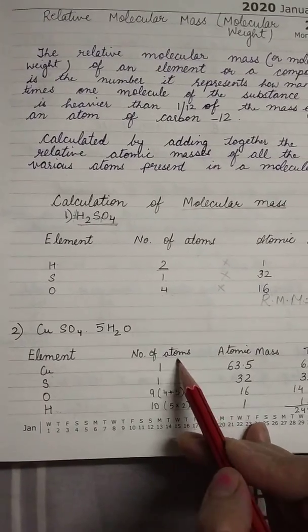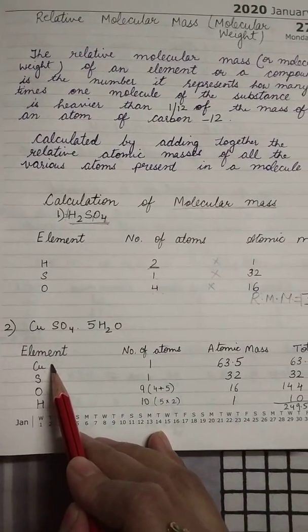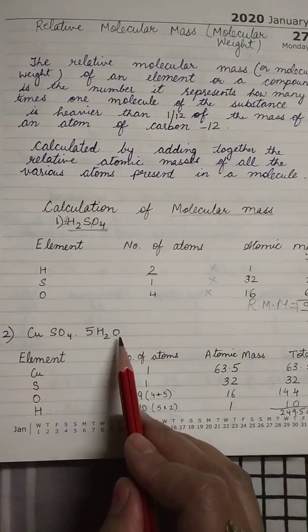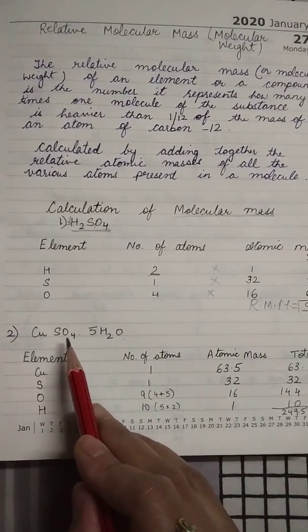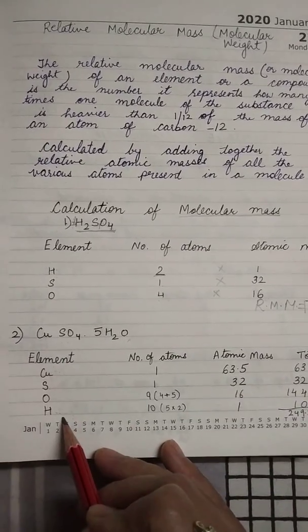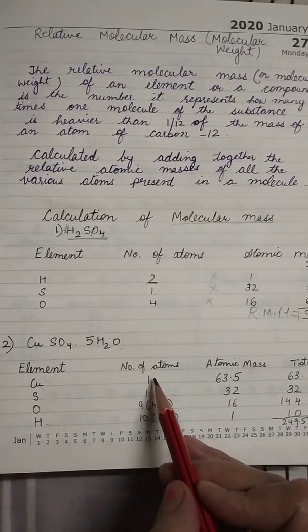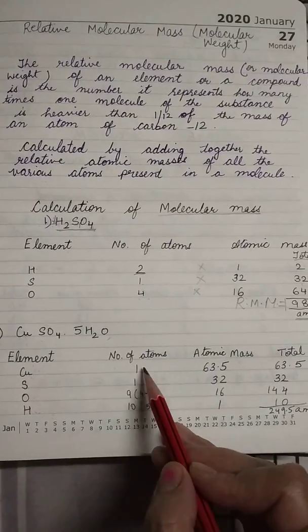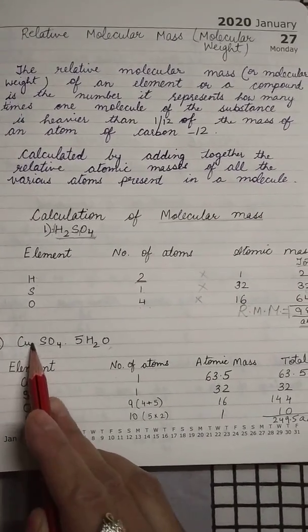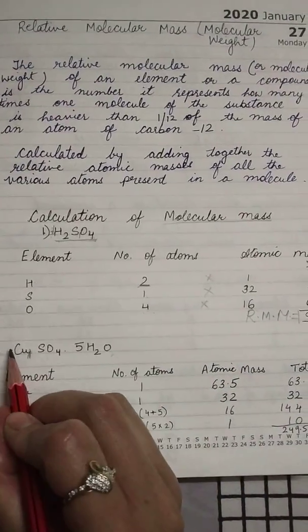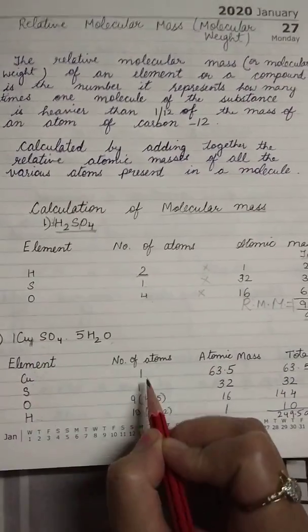Remember that we have to write the element and not the compound or the radical. We have to make sure that we are writing all the elements. Now in the second column, simply write the number of atoms. Copper has 1 here, nothing is written, so it means 1, and 1 is here. 1 into 1 makes 1.